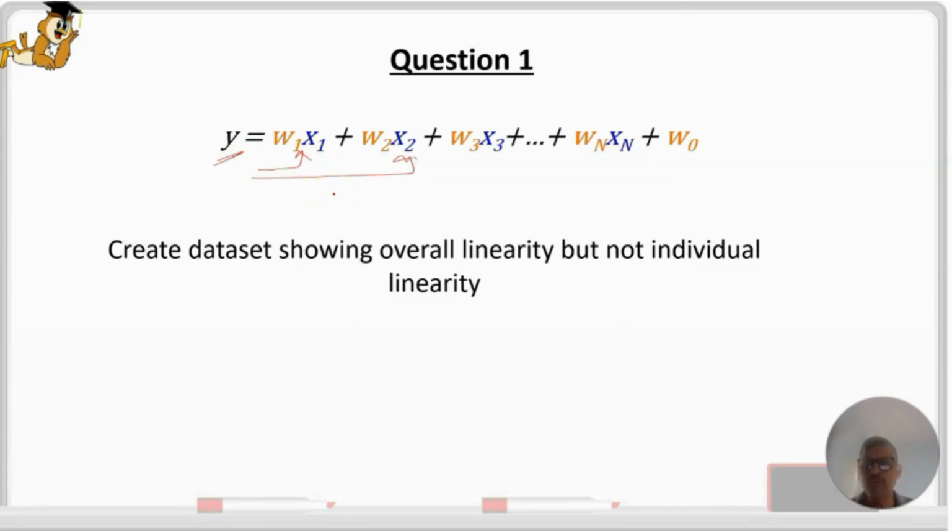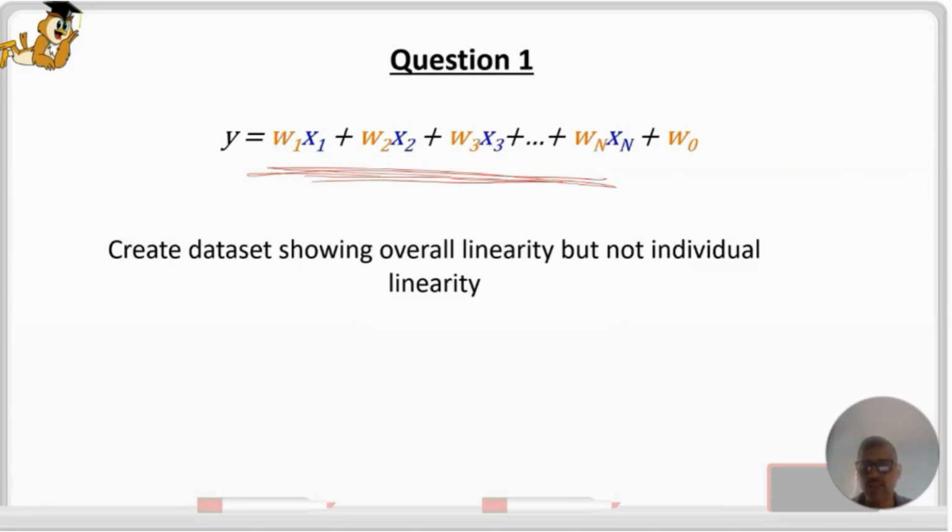Now, some of you may be wondering that if I'm going to create a model like this, is it possible for me to satisfy this? Is it possible for me to have data that satisfies this model without each individual linearity assumption being satisfied? So that is a question that some of you may have had.